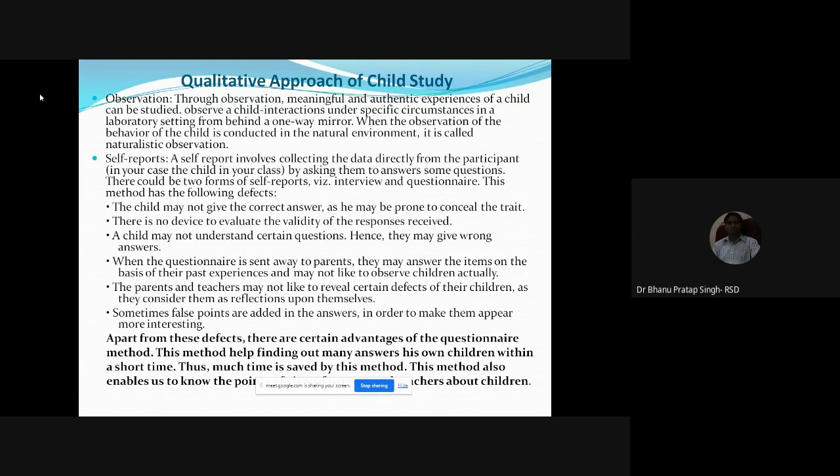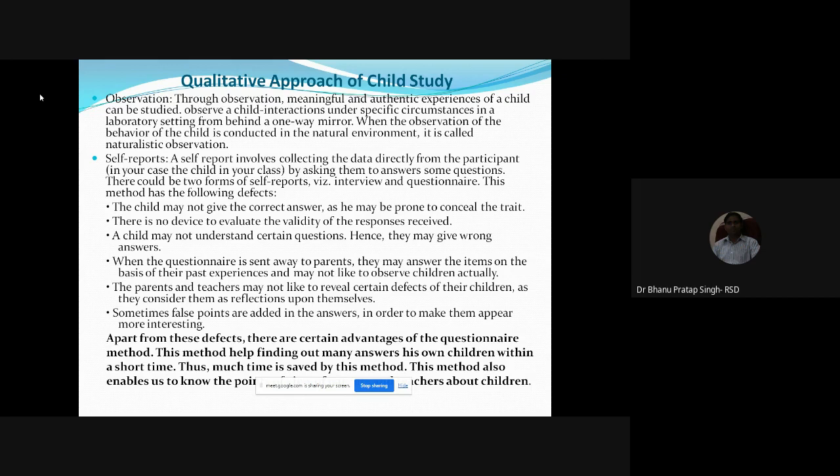A child may not understand a certain question. The teacher is asking some question, but he is not able to understand. He could not listen properly, so he may give a wrong answer. If we talk about questionnaires, sometimes they reach the parents, and they may answer as per the experiences they have attained in their past life, and may not observe children accurately.